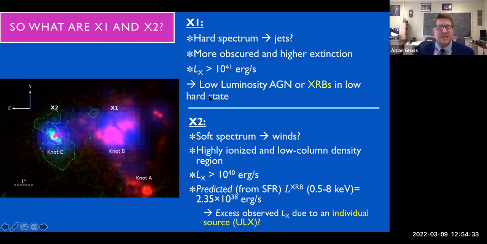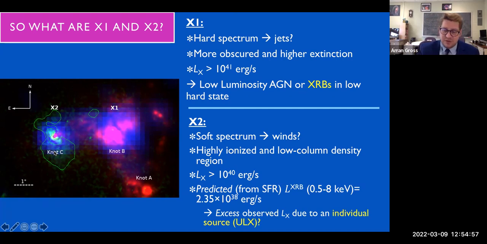So at that point, it does start to cross over into the regime of maybe a low luminosity AGN fueled by an advection-dominated accretion flow, or perhaps it's several X-ray binaries in that low hard state, all contributing to this ensemble X-ray flux.